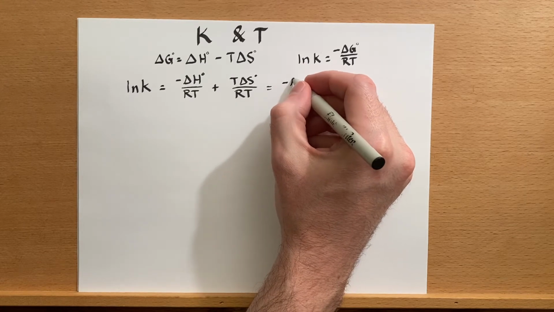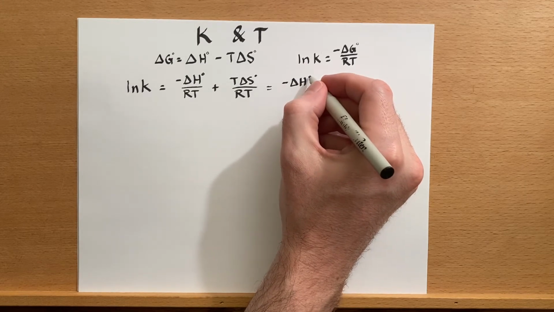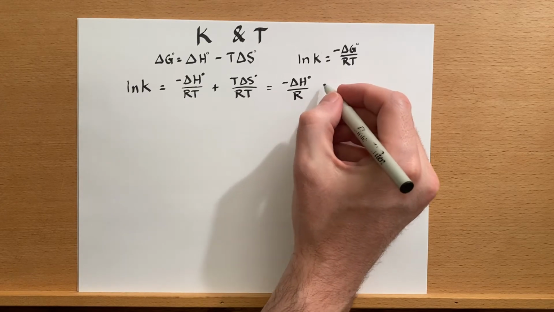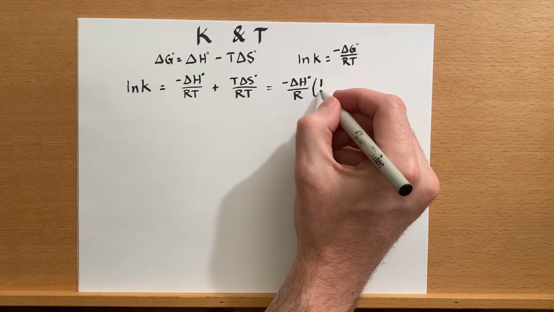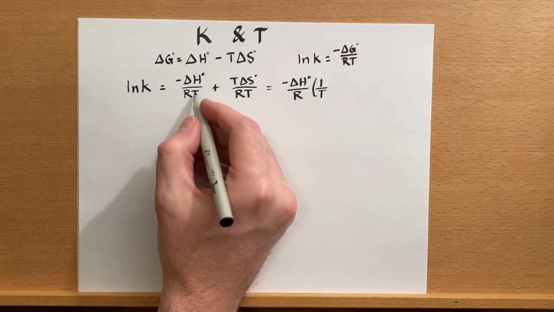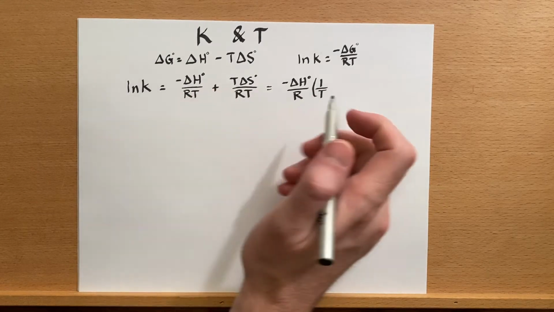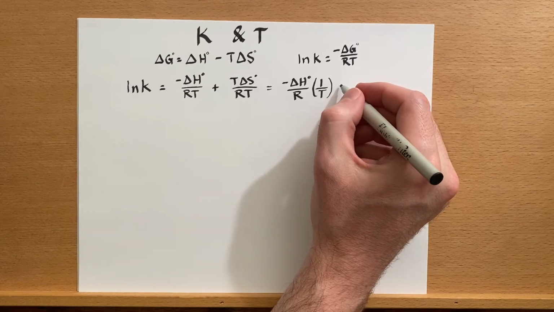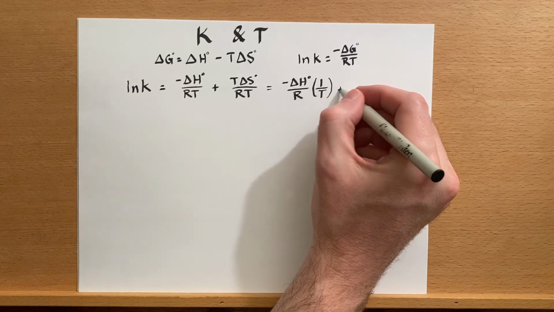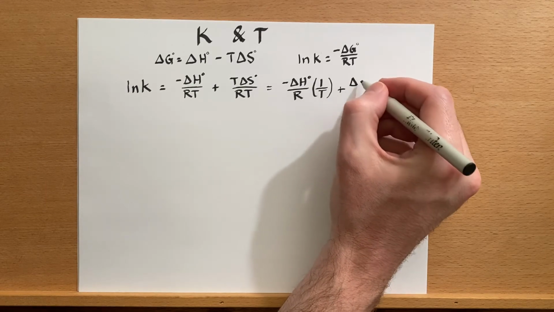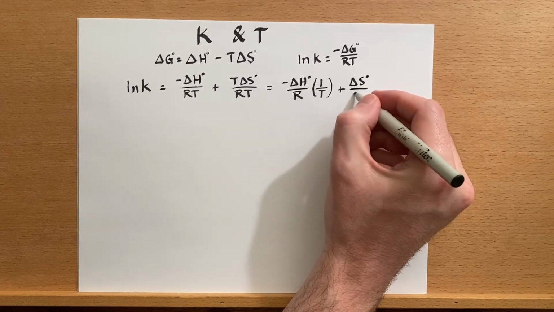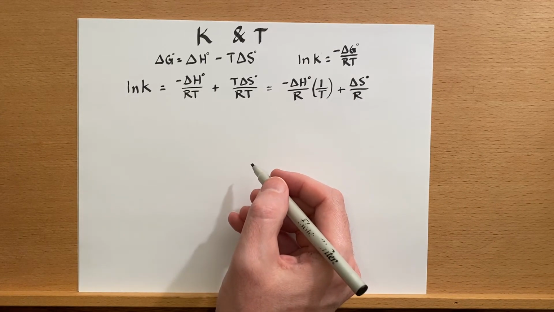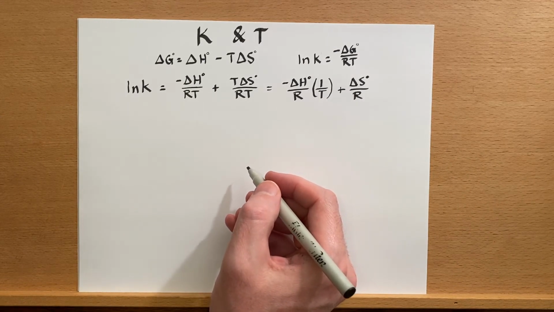negative delta H over R times 1 over temperature. I'm going to pull this temperature out just for clarity in a minute. And then plus delta S over R. Now, you probably see where this is going.